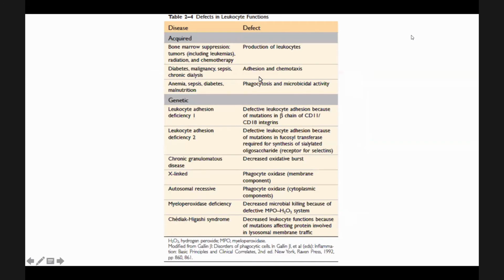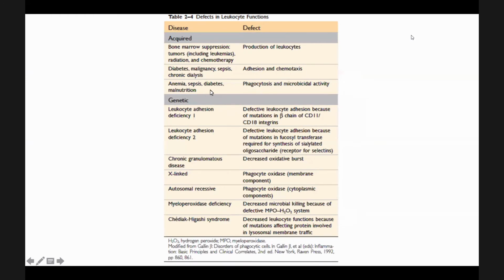Now, what this chart, this table, is trying to say is what happens in disease states, like in acquired bone marrow suppression, tumors including leukemias, radiation, and chemotherapy: there will be a defect in production of leukocytes. So ultimately the leukocytes are defective, and inflammatory processes are also defective. In diabetes, malignancy, sepsis, and chronic dialysis, the defect will be in adhesion and chemotaxis of the WBCs.